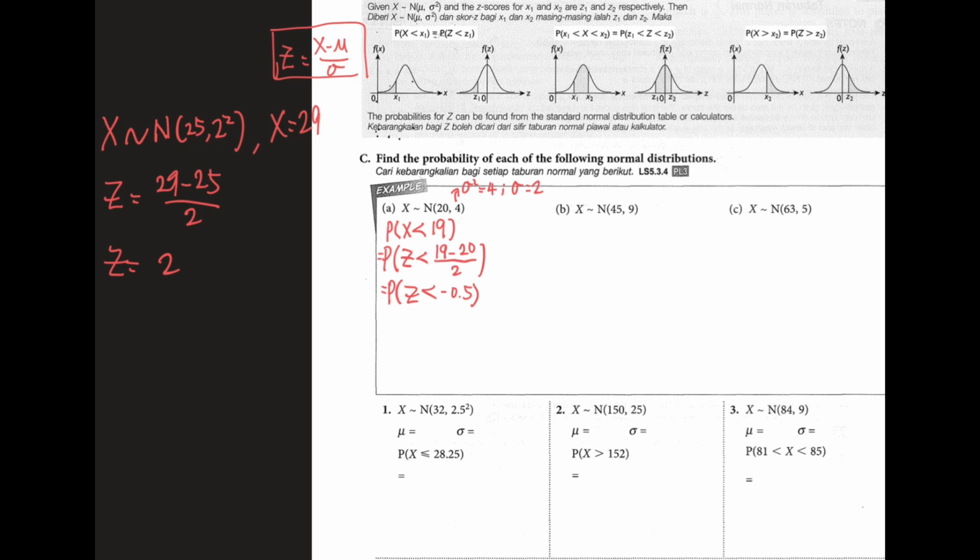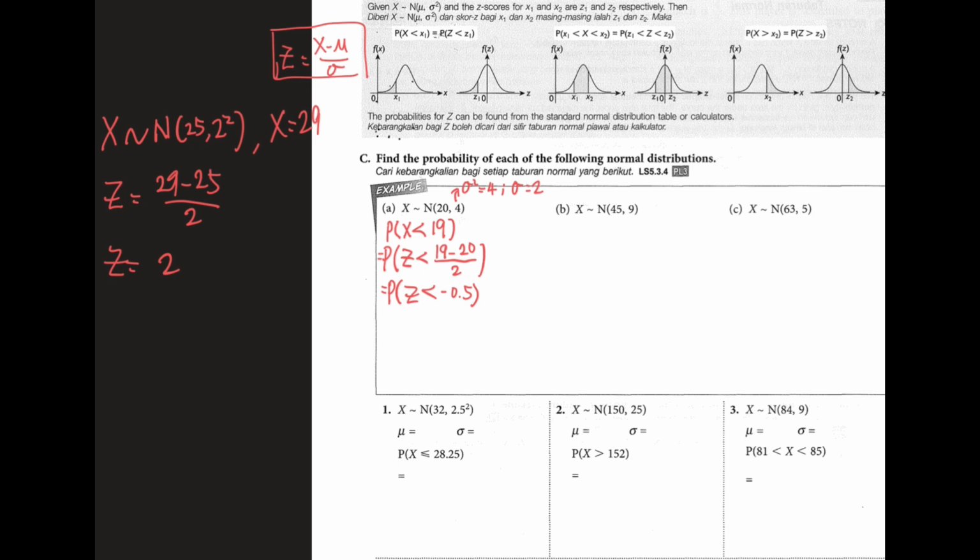Okay, now when you get P(Z less than negative 0.5), to find the probability we are supposed to use the standard normal distribution table or calculator. Let's use the calculator first. You get ready with your calculator. I will press together with you and tell you which button to press.